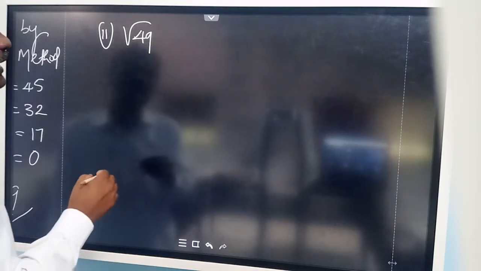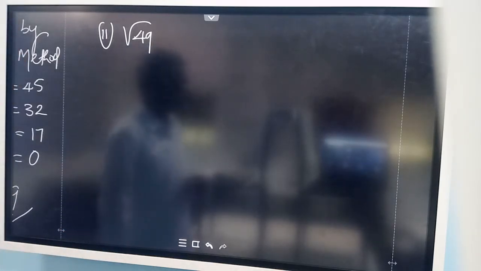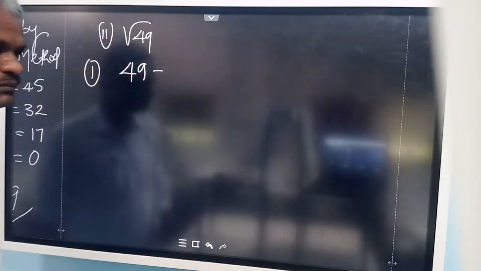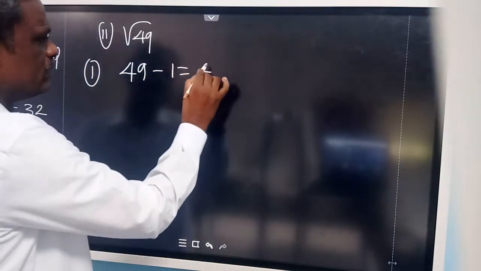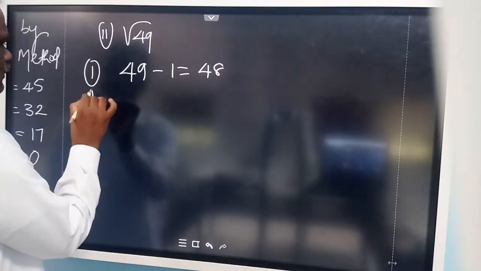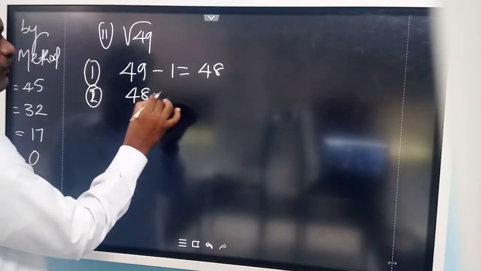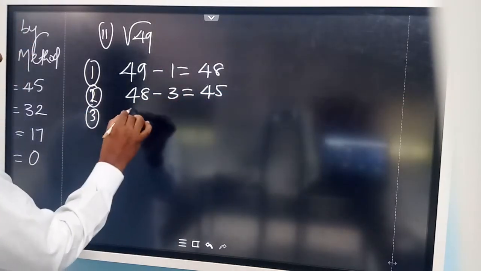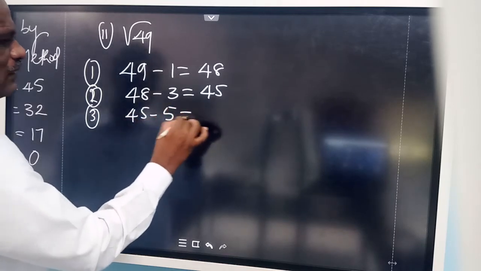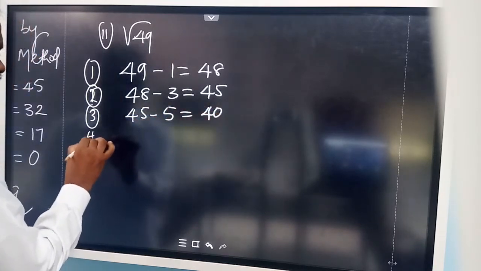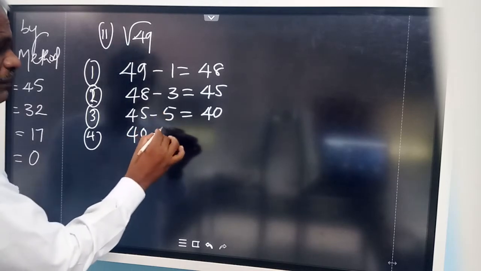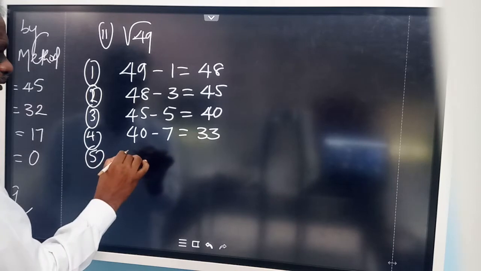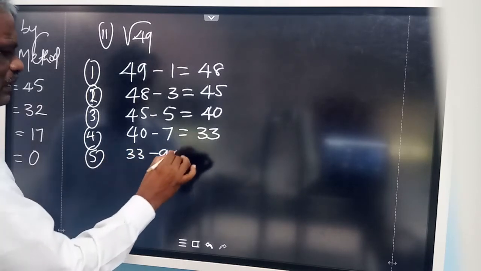Find the square root of 49 by repeated subtraction method now. First step, 49 minus 1, 48. Second step, 48 minus 3, 45. Third step, 45 minus 5, 40. 40 minus the next number, 7, 33. Next one, 33 minus 9.